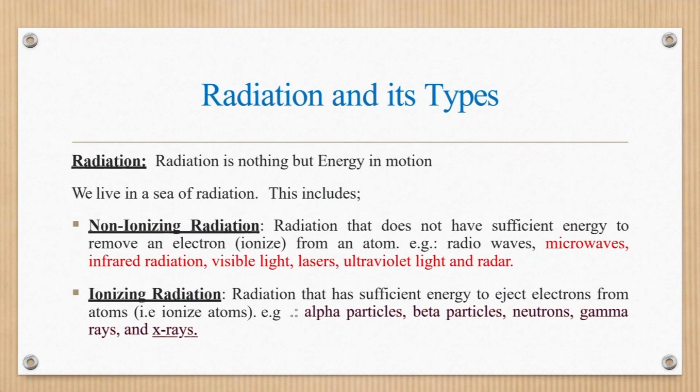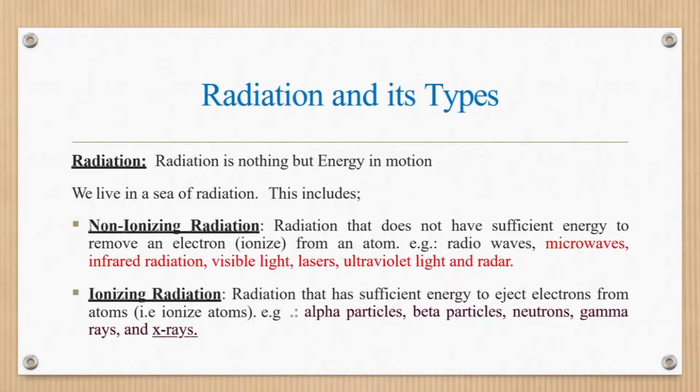So basically there are two types of radiations. One is ionizing radiation and another is non-ionizing radiation. As I said, we are surrounded by radiations, so not all radiations are harmful. Electromagnetic waves like microwaves and radio waves are non-ionizing radiations.